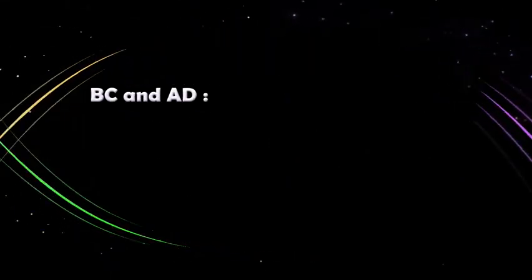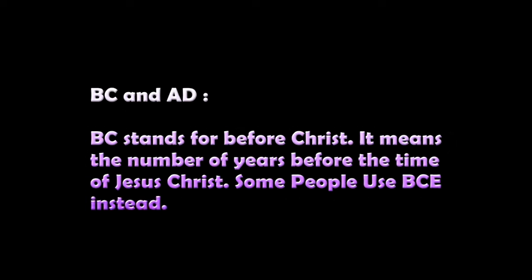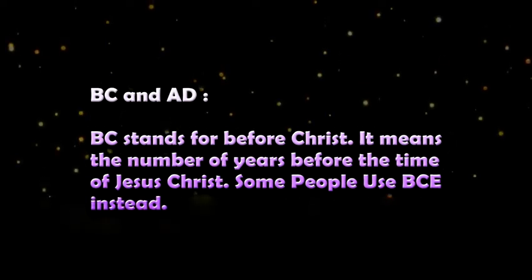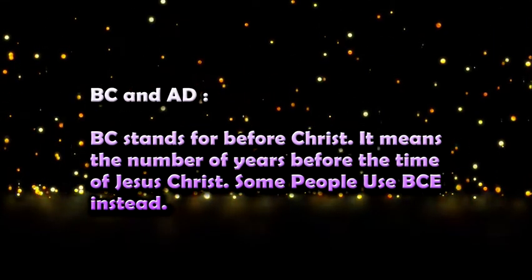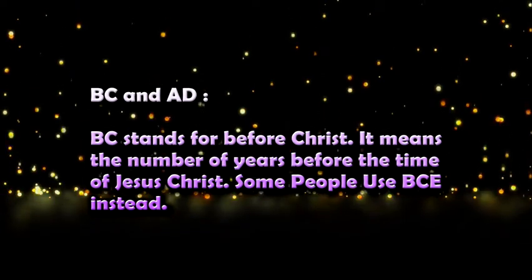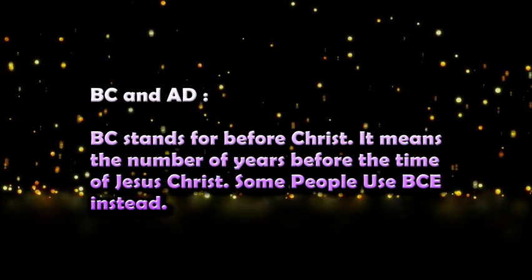BC stands for before Christ. It means the number of years before the time of Jesus Christ. The number of years before the birth of Jesus Christ are counted as BC.